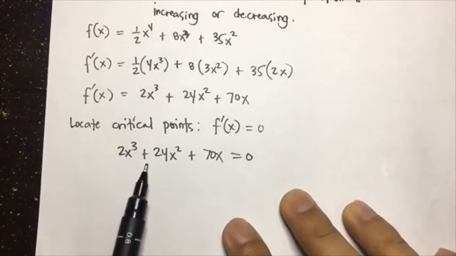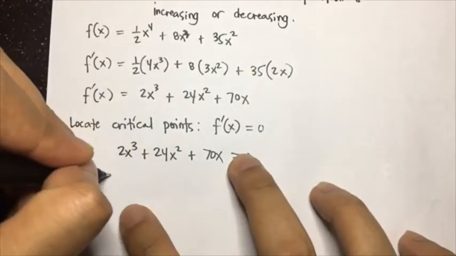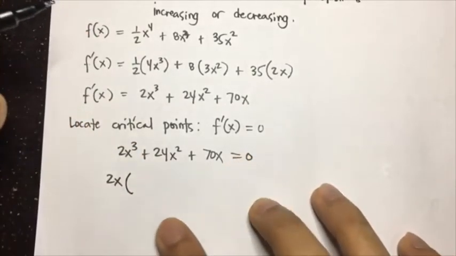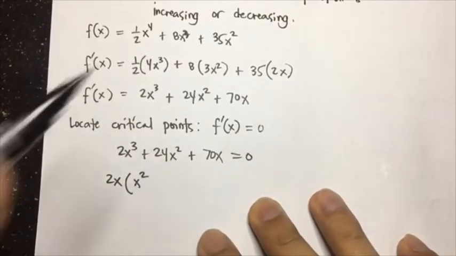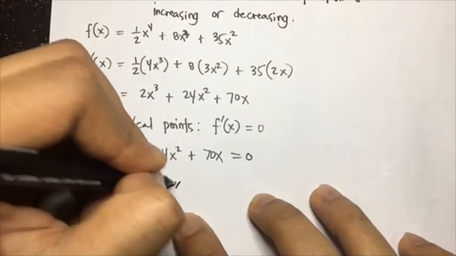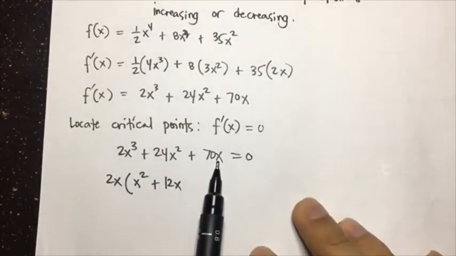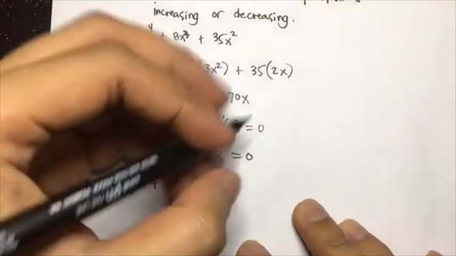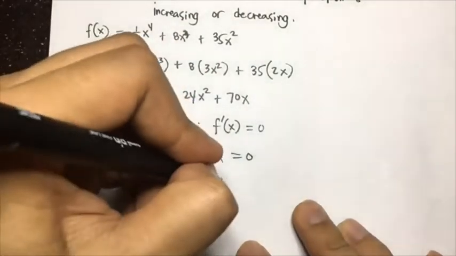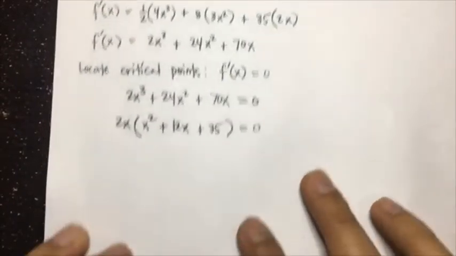Greatest common factor is 2 and x. So we'll have 2x times x squared plus 12x plus 35, since 70x divided by 2x is 35, is equal to 0.